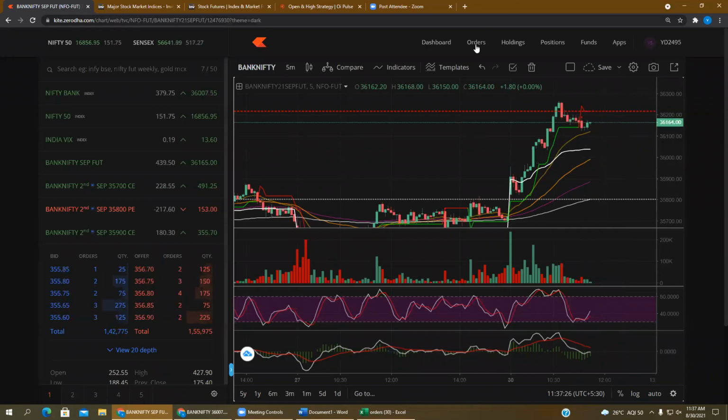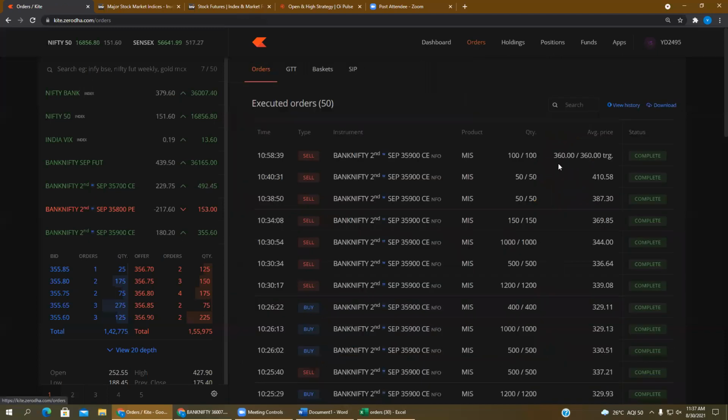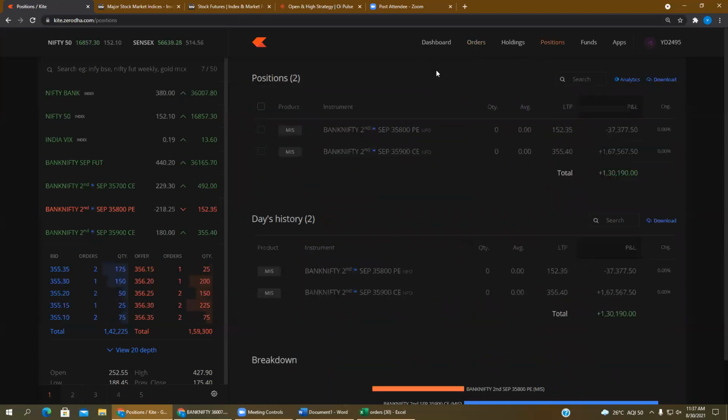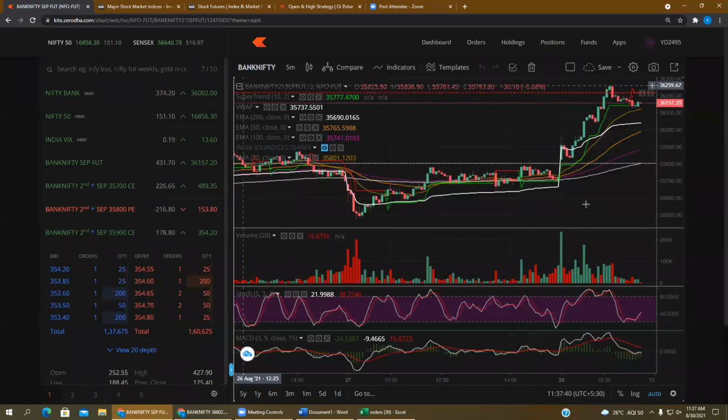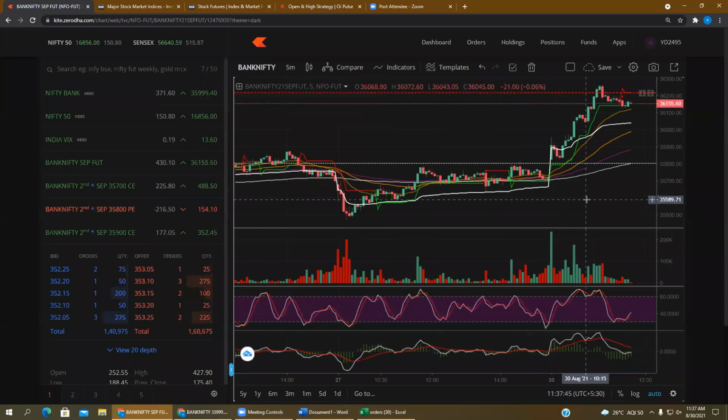Only at the last, we had a trailing stop loss of 360. Why? Because I had already made profits. That's why the trailing stop loss was deeper. But apart from that, everything was 10, 20, 30 points only. I exit. Simple.